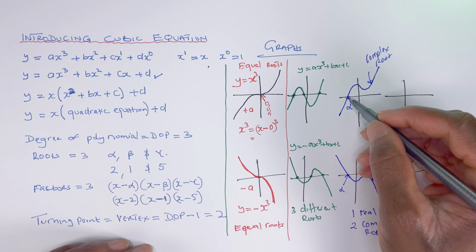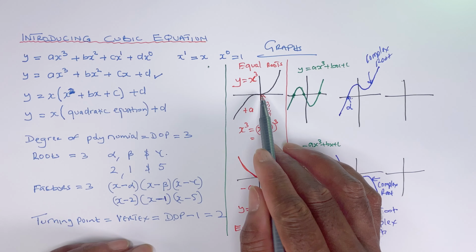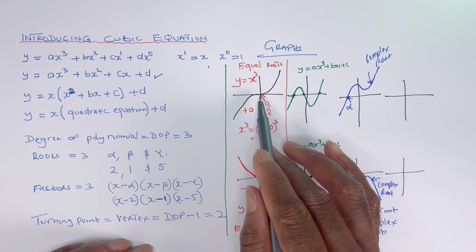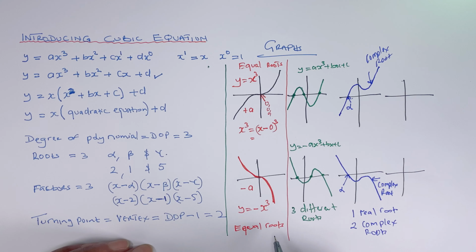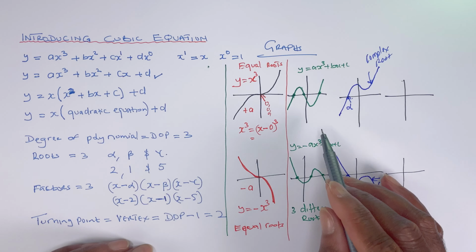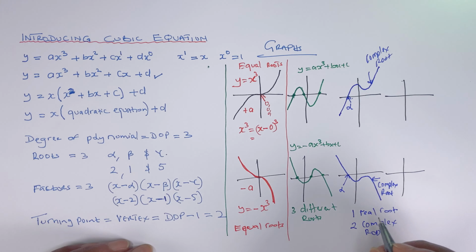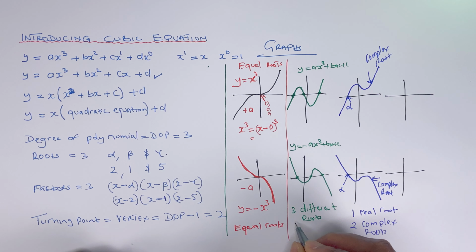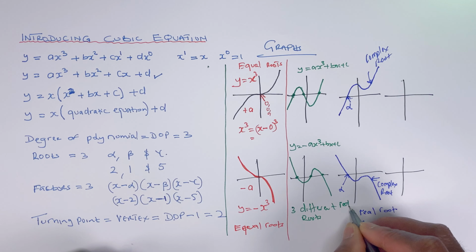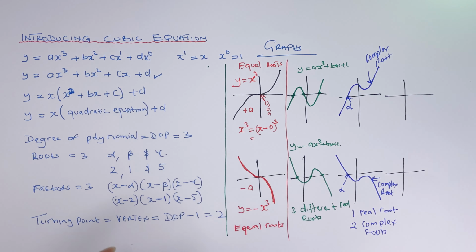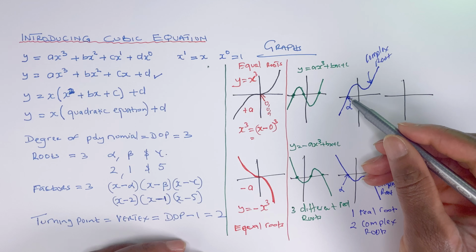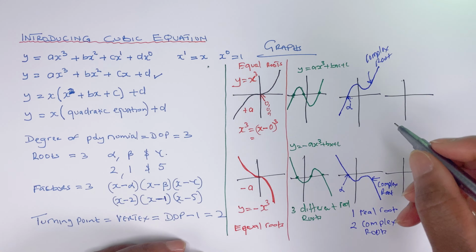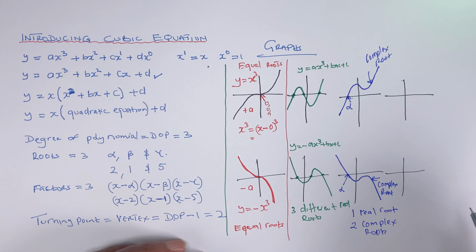So you've got 3 equal real roots, the red ones. The green ones are the 3 different real roots. And the blue one is 1 real root and 2 complex roots.